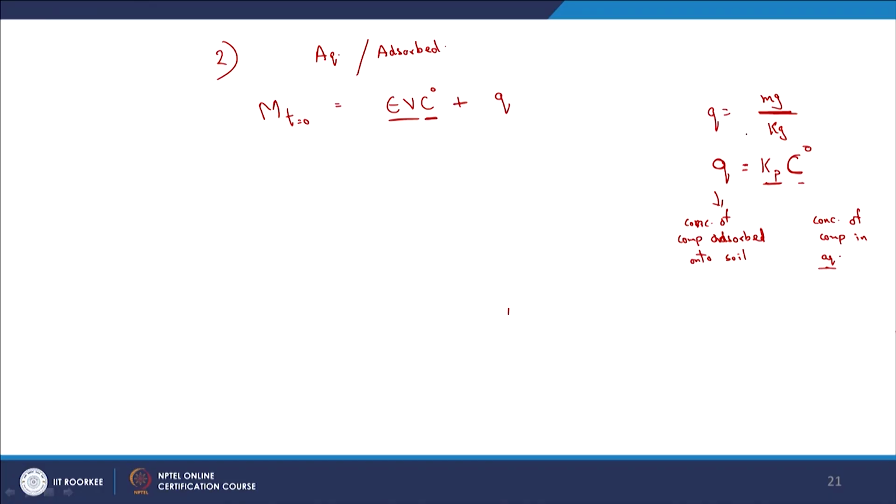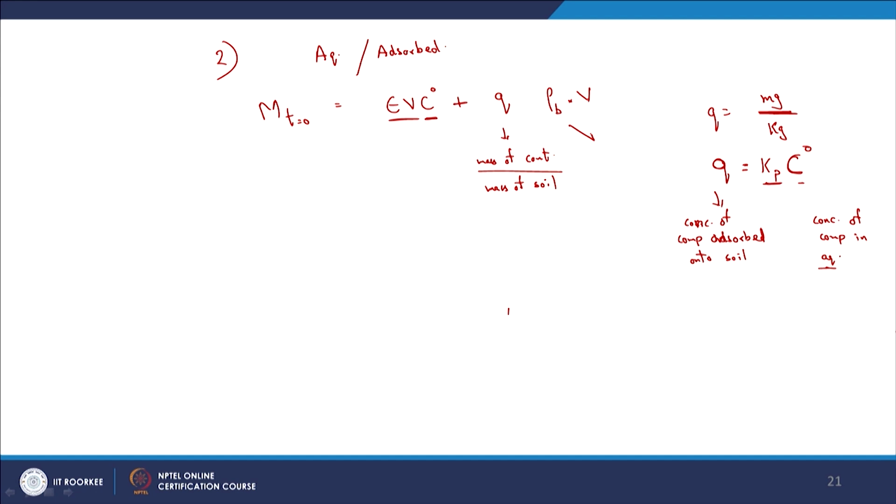So obviously I need to take that in. I know that q is mass of contaminant by mass of soil, but what I am trying to calculate is just the mass of the contaminant. So I need to eliminate this particular term. I can do that with the dry bulk density times the volume.